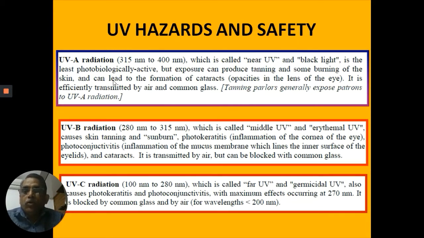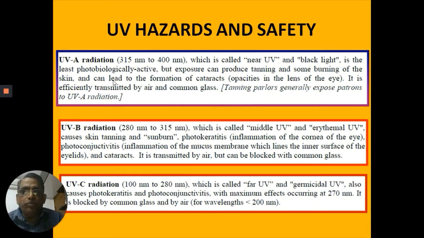It is photobiologically active, and when you are exposed to this light, it can produce tanning and some burning of the skin. Sometimes it leads to cataract also. When you are overexposing your eye to this light, it leads to cataract. So you must avoid exposure of this light directly to the eye.